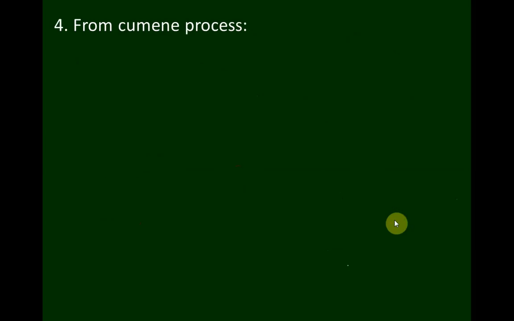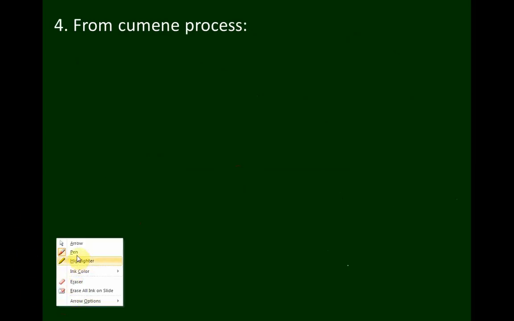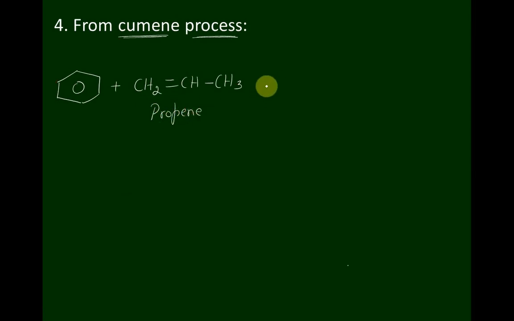Please note it down. Next, a very important method of preparation of phenol for class 12th is the cumene process. Preparation of phenol from the cumene process. Benzene is treated with propene, an unsaturated hydrocarbon, in presence of H3PO4, which acts as a suitable catalyst, and the reaction mixture is heated up to 250 degrees Celsius under 25 atmospheric pressure.